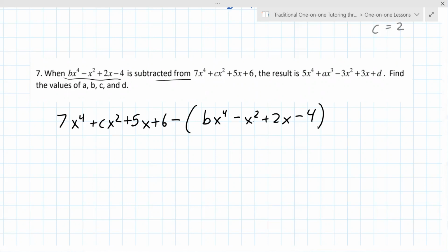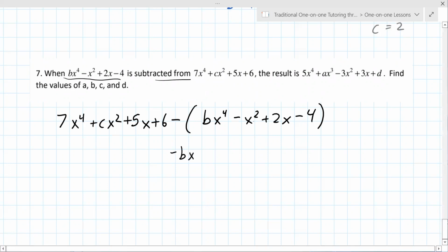It's easy to get those flipped and everything gets messed up. So now you're going to distribute that negative to everything on the right, which means you're going to change the sign of everything.